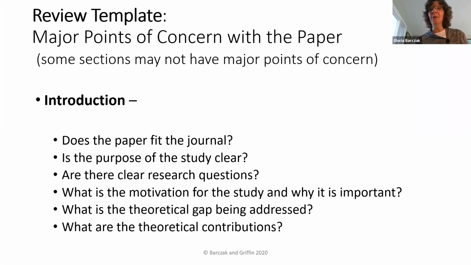So these are some of the questions you as a reviewer need to be asking as you're reading these papers, all right? First of all, does the paper fit the journal? Maybe it does, but the authors haven't positioned it appropriately within the right literature. So you want to provide guidance on that. Is it really clear what the study is trying to do? Sometimes it's not, and you want to comment on that. Are there clear research questions?